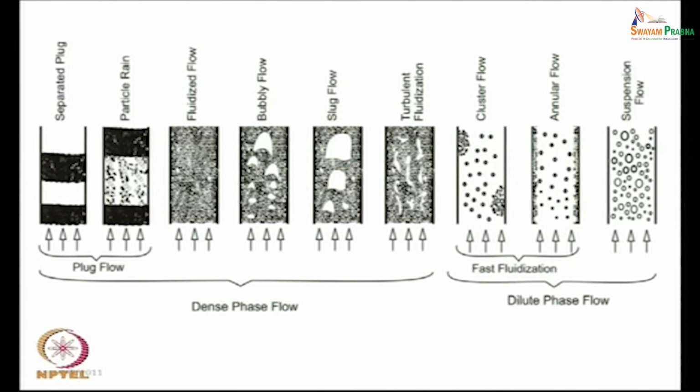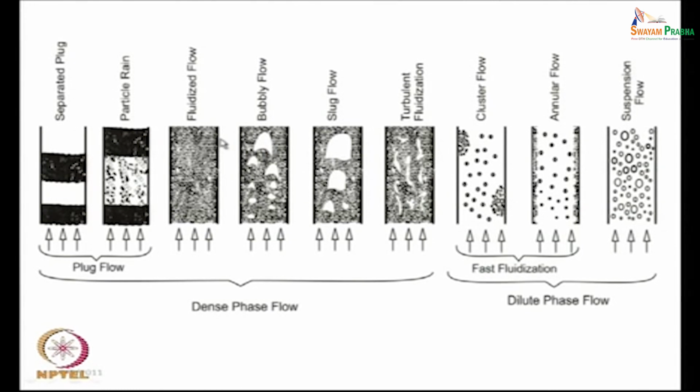And this slugging flow regime is characterized by a particle dense phase transport which is facilitated by bubbles whose size is comparable to the pipe diameter. And the bubbling flow regime is characterized by smaller bubbles. So, slug flow is characterized by larger bubbles, bubbly flow regimes by smaller bubbles. In both cases the transport is facilitated by the air slugs or air plugs which are there.